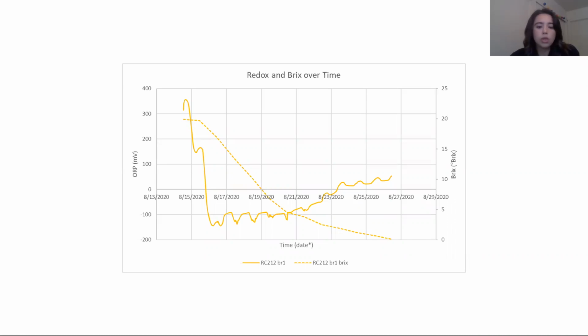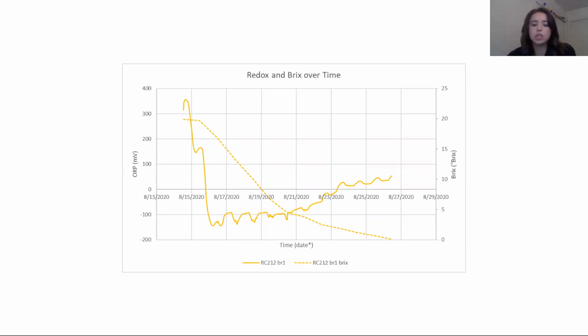So more runs were completed at pH values of 3.5 and 3.75 to observe the differences, and we'll talk more about that later. So in this graph, the solid yellow curve represents the ORP, and then this dotted line indicates the Brix level.